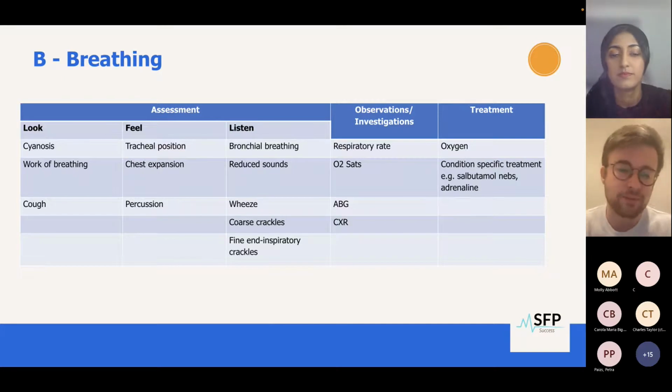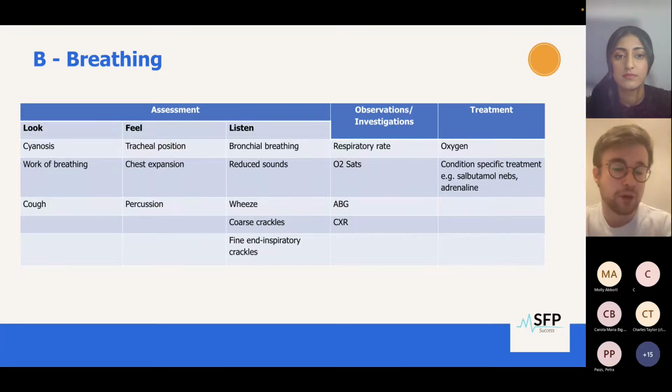You can then think about what parts of the respiratory exam might be useful. That's looking at things like tracheal position, is it deviated; chest expansion, how much they can expand their chest and whether it's equal; and percussion, whether they're hyperresonant, or whether there's any dull or stony dull percussion.